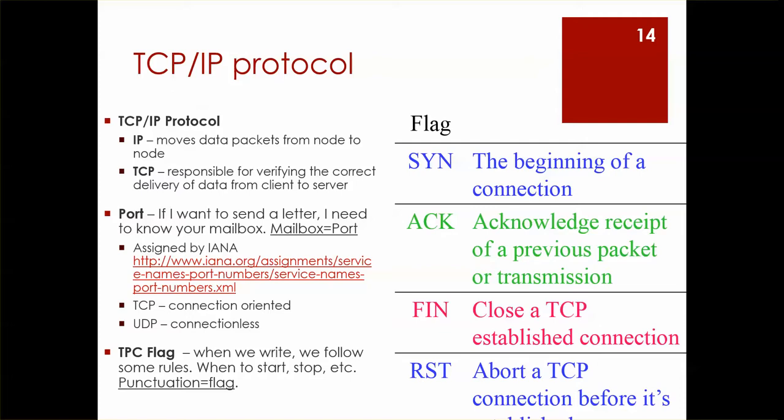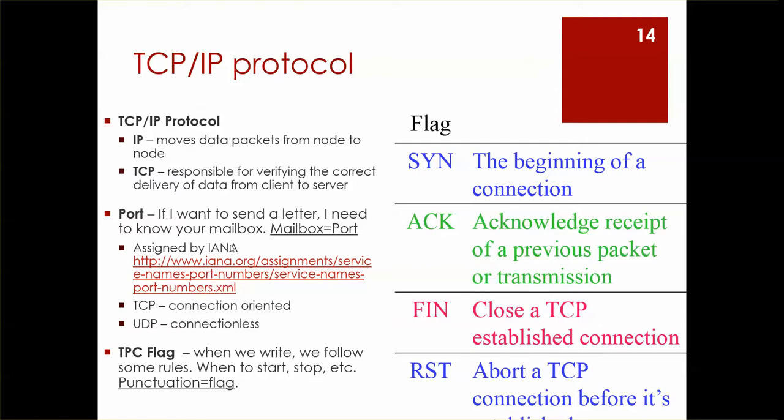IP is designed for moving data, actually packets, from one host to another. The easy way to describe a port is essentially a mailbox. If I want to send somebody a letter, snail mail, we need to know a mailbox number. Each house has a mailbox number, and we use that mailbox number to establish communication.